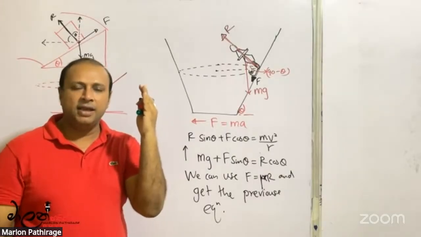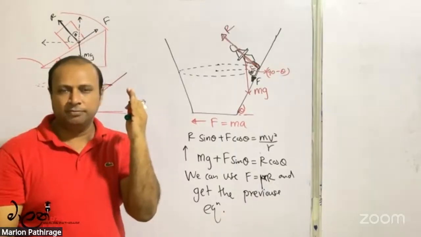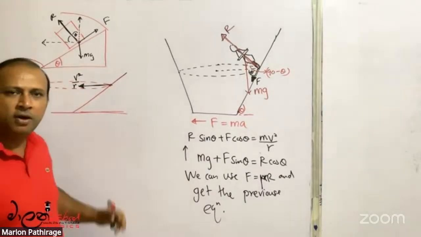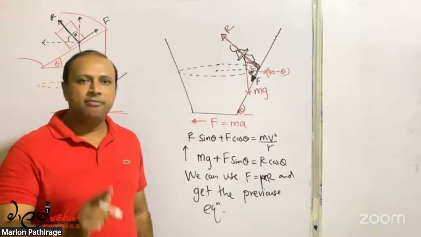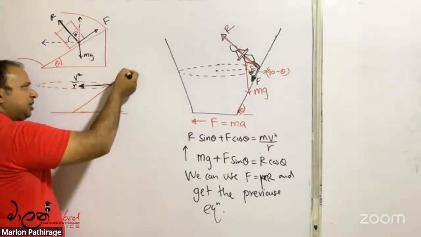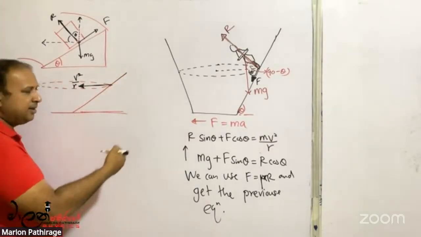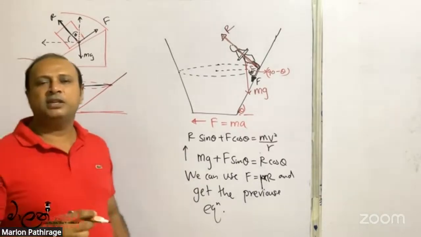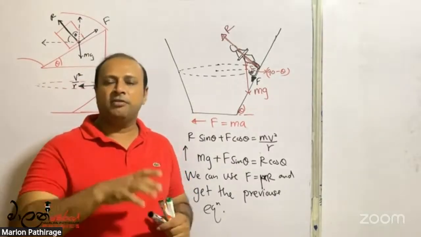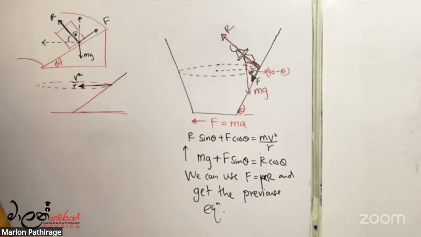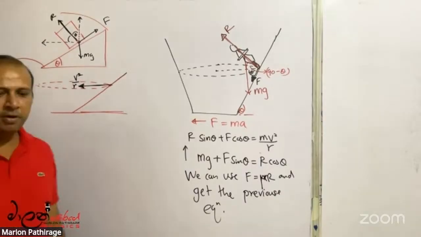If you apply F equal MA in the perpendicular direction to the center, then there won't be any component of centripetal acceleration. But if you apply F equal MA in an inclined direction to the center, then definitely there will be a component of centripetal acceleration. If you get my point, please raise the hand.